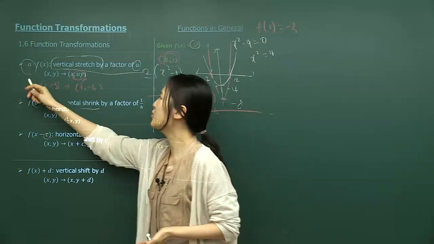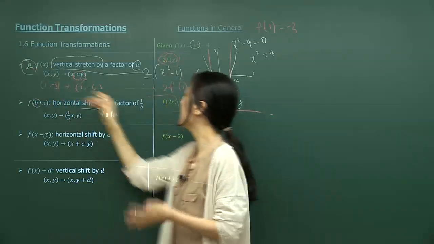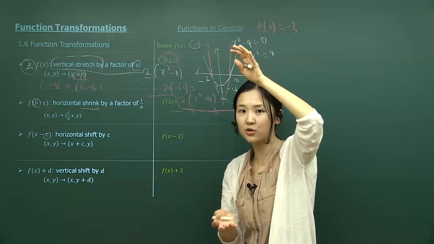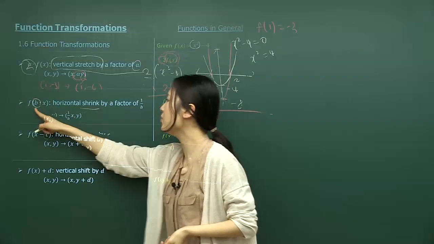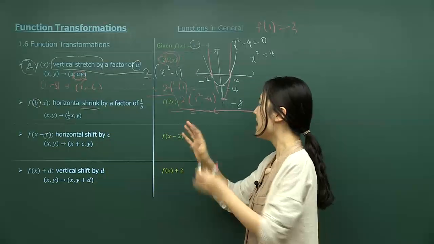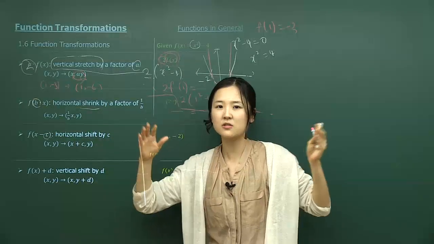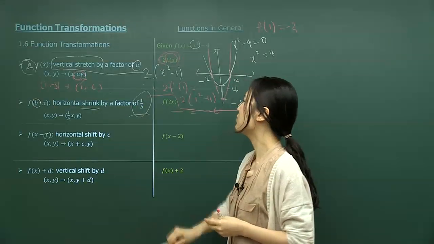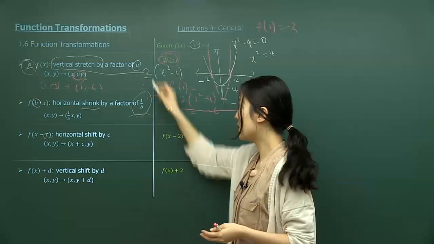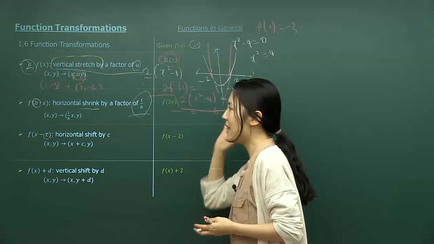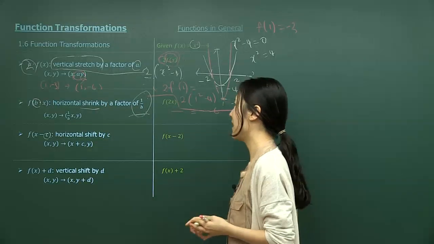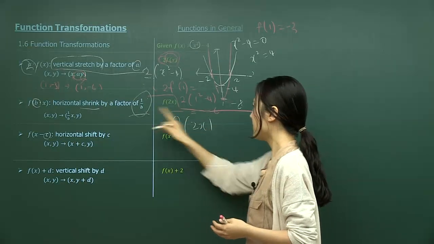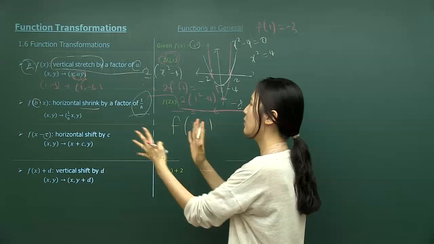I told you if 2 is multiplied here, the entire thing gets stretched by 2, right? But when 2 is multiplied to your x, instead of being stretched, it actually shrinks down. So here, I actually wrote 1 over b. It's different from before, right? So just imagine it happening the other way around. So when f of 2x is given, the whole thing gets narrower.